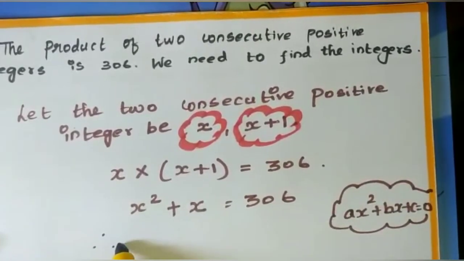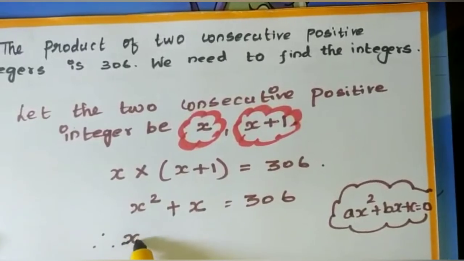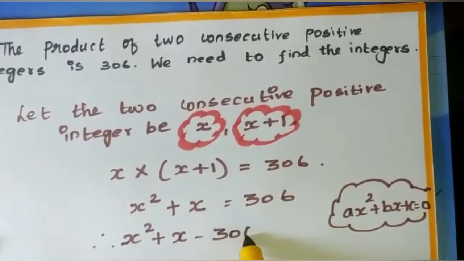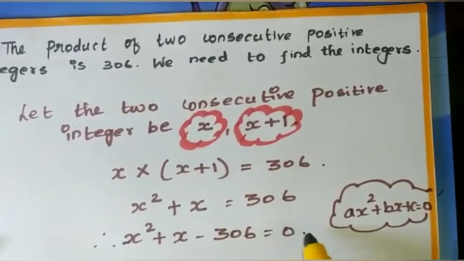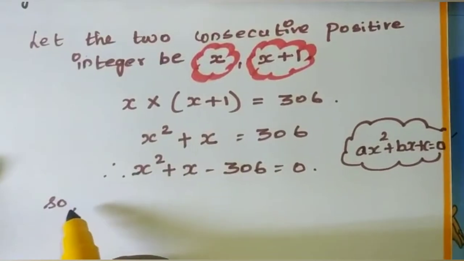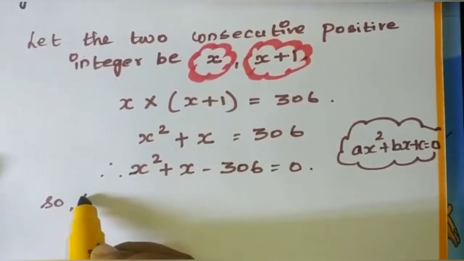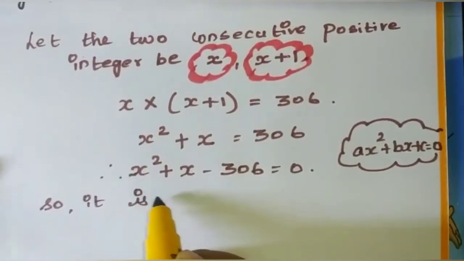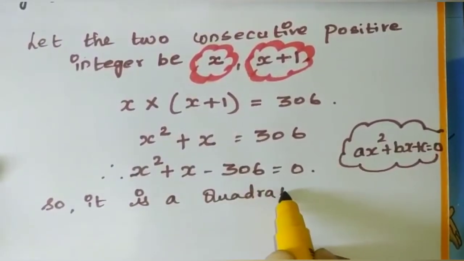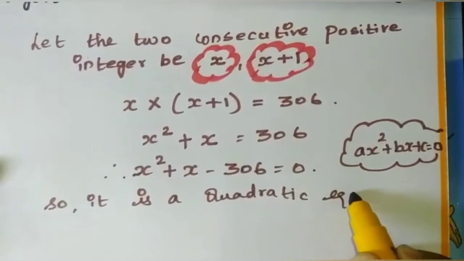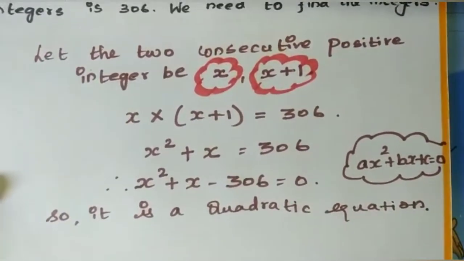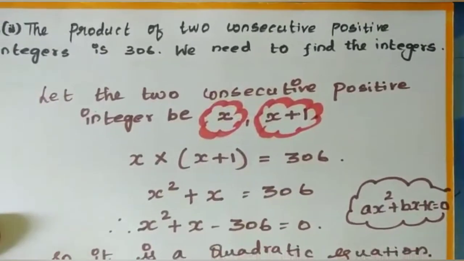So therefore the equation is x square plus x minus 306 is equal to 0. So it is a quadratic equation. So easily we found the equation.